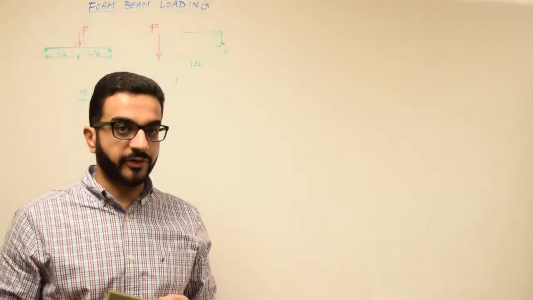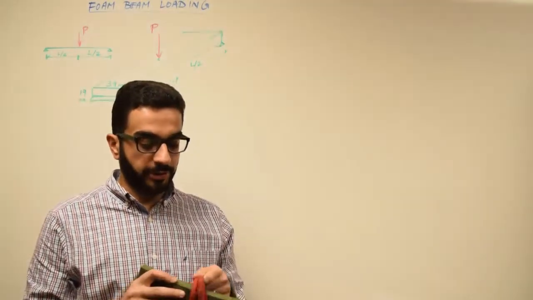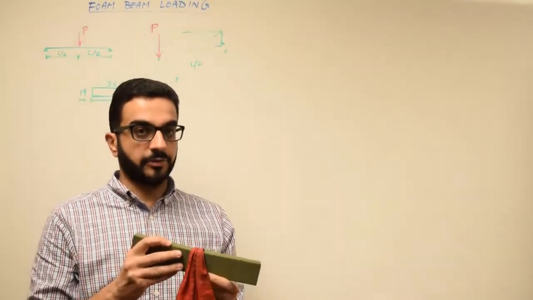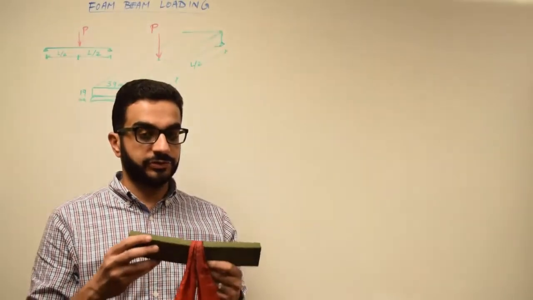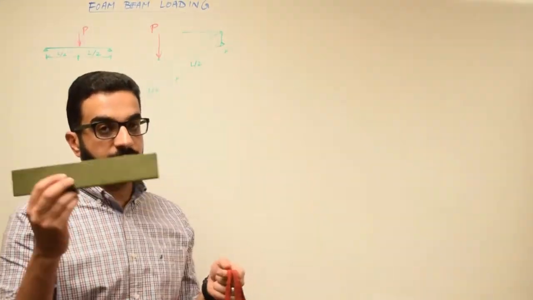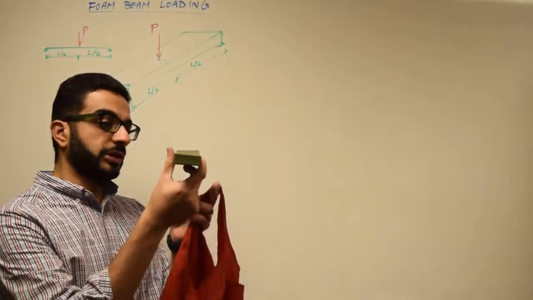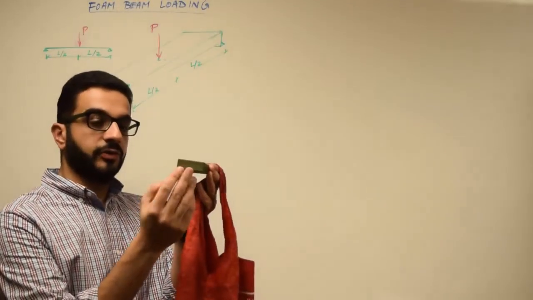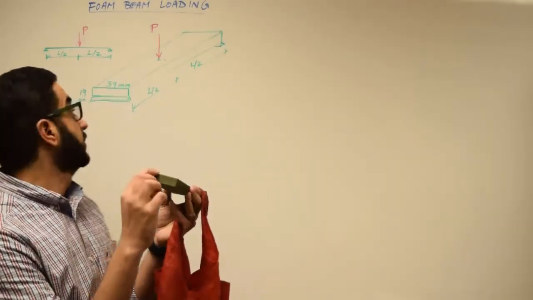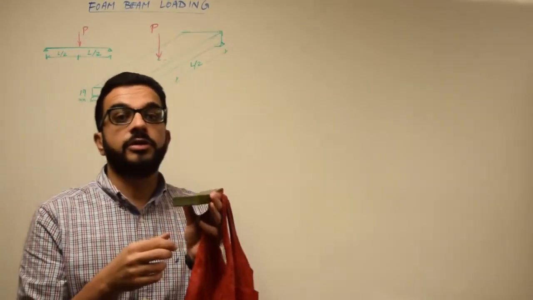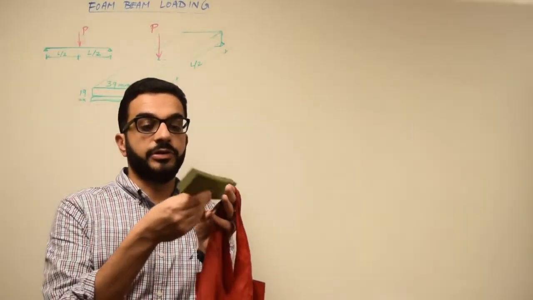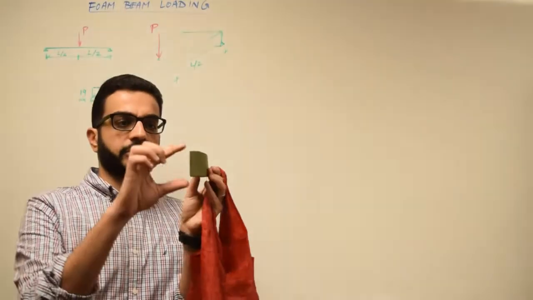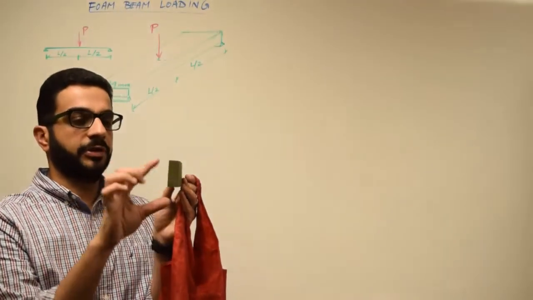I think I can hear the answer. People are murmuring and saying the correct answer, which is to change the orientation of the cross section. It's originally loaded this way, so the vertical dimension is the 19 millimeters. Some of you are saying, let's do it this way, so the vertical dimension will not be 19 anymore, it will be the 39.